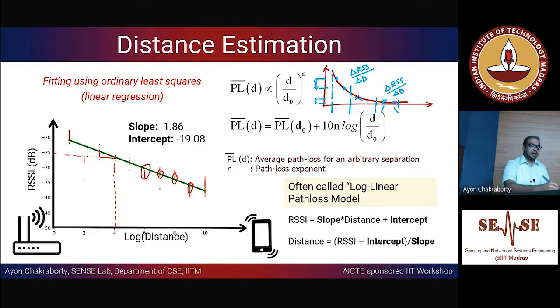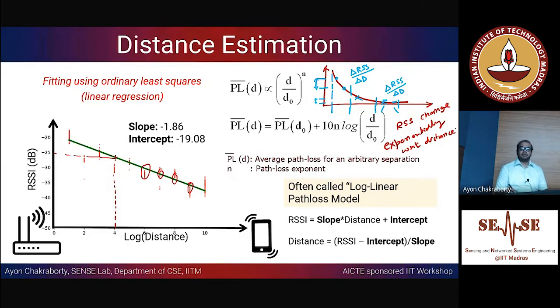Okay, so the takeaway, whatever you have said is correct, is basically that RSS changes exponentially because we are using this to the power n with respect to distance.